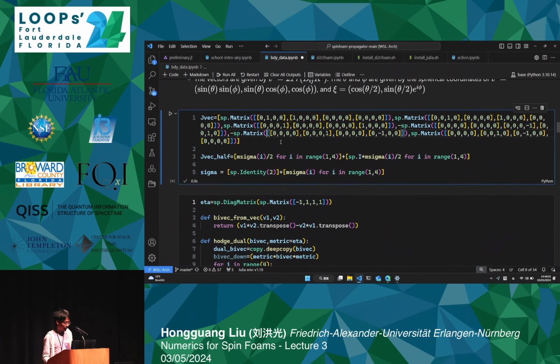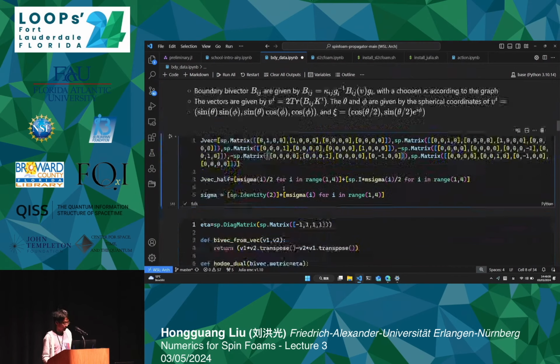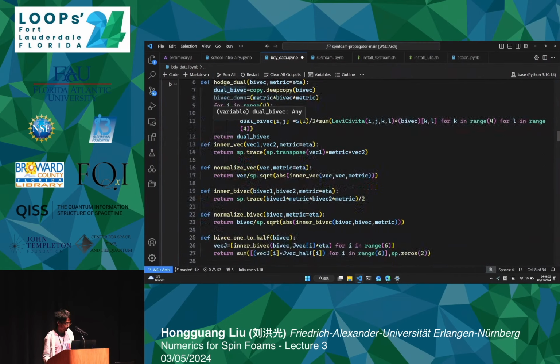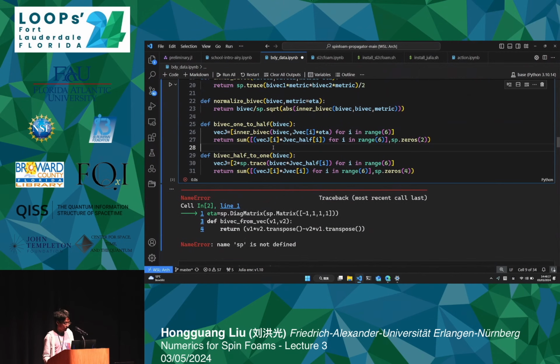Here I just define, as I said, all the generators in spin 1 and spin 1/2. And then I define the bivectors, the Hodge duality, the inner product of the bivectors, and how to map the spin 1 bivector to the spin 1/2 bivector.